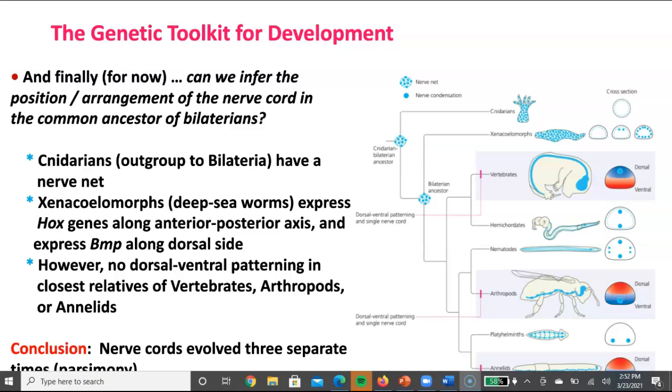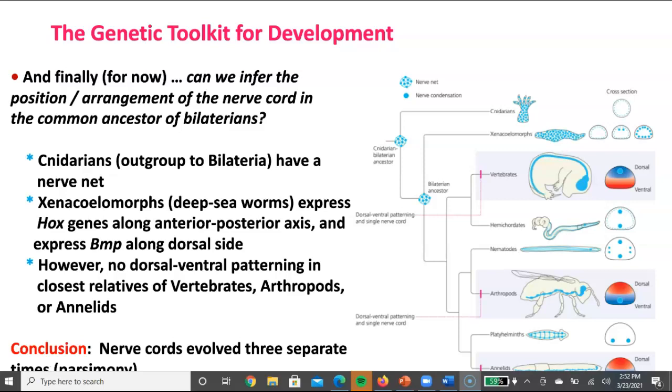And then if we look at the phylogeny that includes vertebrates and arthropods and annelids and those other animals that you see in the cladogram, we see that vertebrates have a dorsal position of the nerve cord. Arthropods have a ventral position, and annelids also have a ventral position.